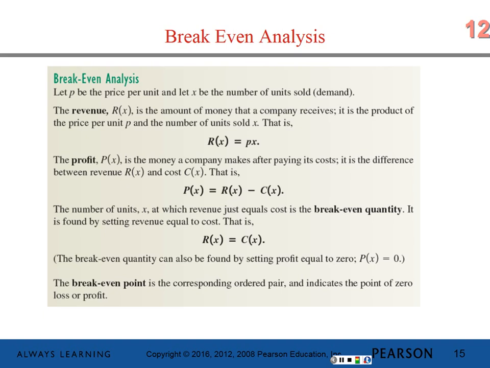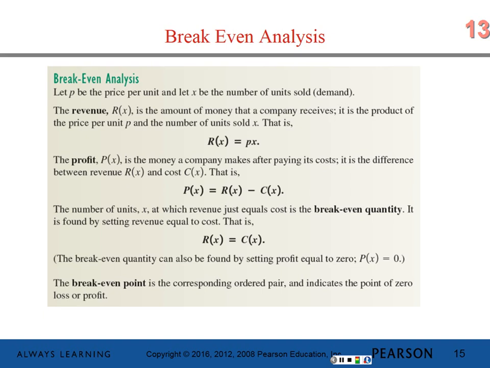So the thing that you need to remember is that revenue is the price per unit that you sell. So you multiply the price per unit times the number of units, but your cost function is going to be a y equals mx plus b kind of function where you have marginal and fixed costs.